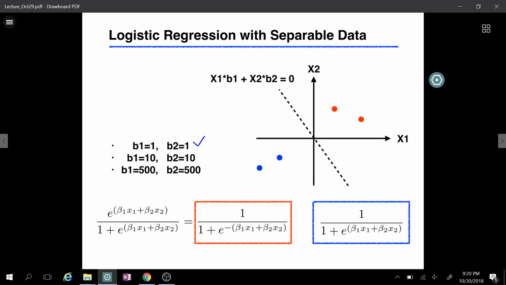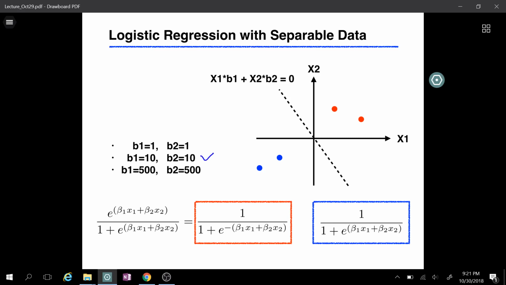Similarly, look at the calculation for the 2 blue points. Because they're in the 3rd quadrant, both x1 and x2 are negative. Again, we get a probability which is bigger than half for the 2 blue points. So far so good. Now let's increase beta 1, beta 2 to 10, making them larger.